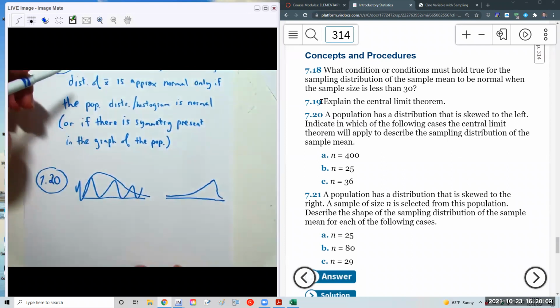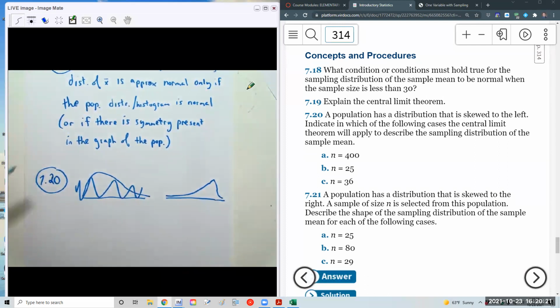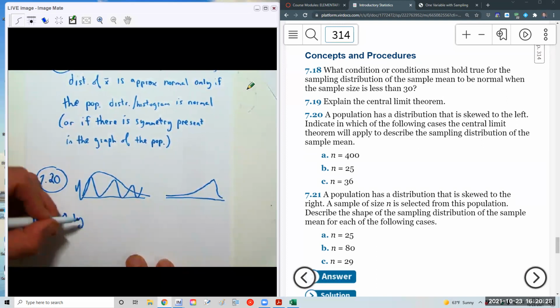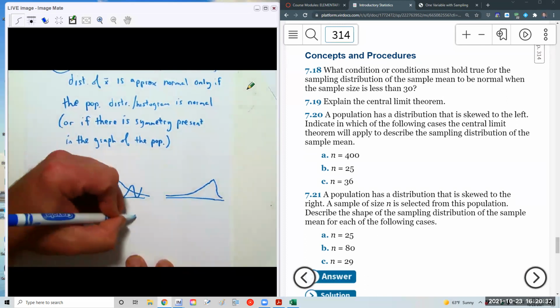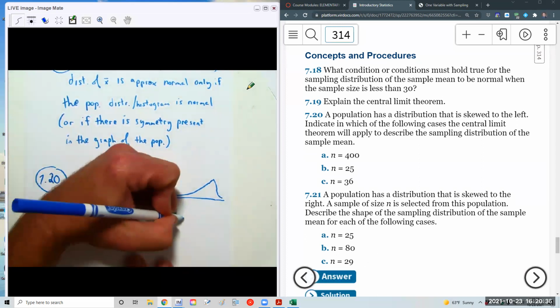Indicate in which of the following cases the central limit theorem will apply to describe the sampling distribution of the sample mean. And of course, we know that that's only the case when n is greater than or equal to 30. So only n equals 400 and n equals 36 will apply.